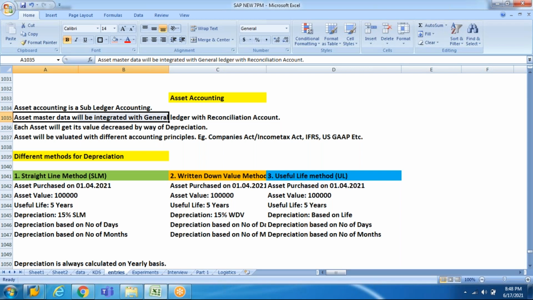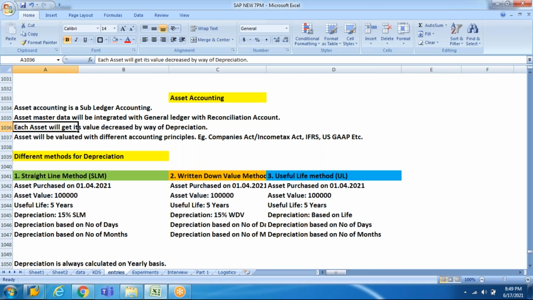And one more thing, each asset will get its value decreased by way of depreciation. If you are using an asset, based on your usage, the life and the value of the asset will get decreased. No asset will give you full service for 100 years, and no asset will increase its value except the land.